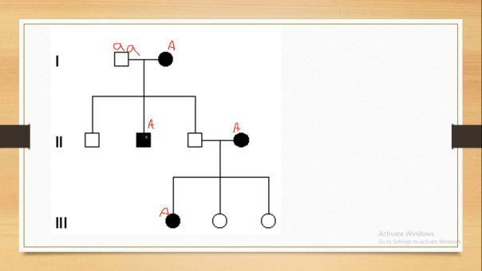Because the disease is seen even in the son, he got the dominant allele from his mother, but he will also get one from the father. He is getting small a from his father, because the father cannot give any other allele. It can give only the recessive one to his son. So this son, what happens? He is a heterozygote.